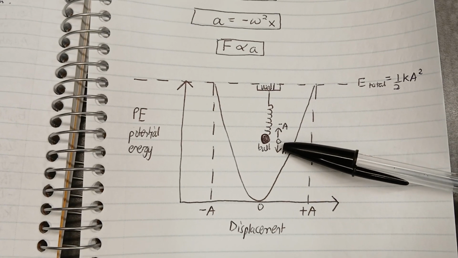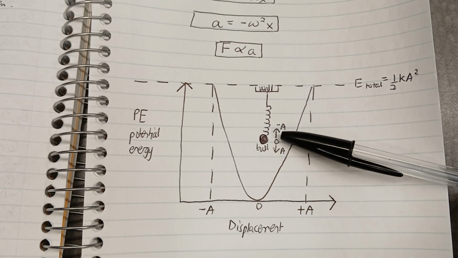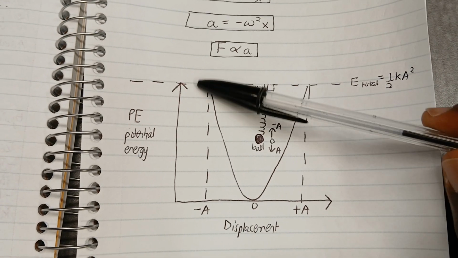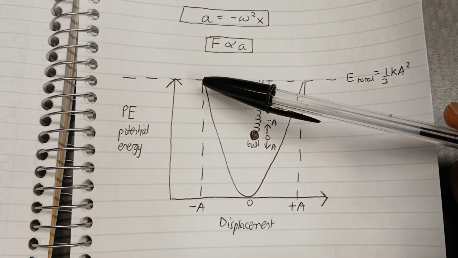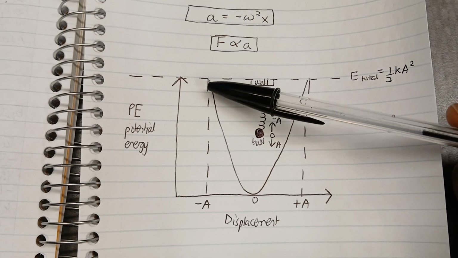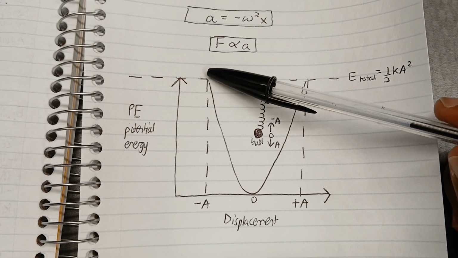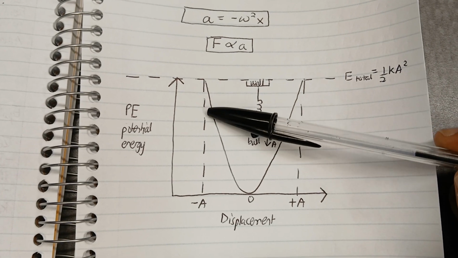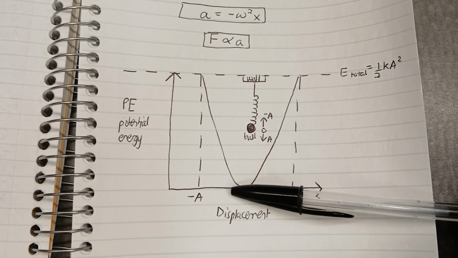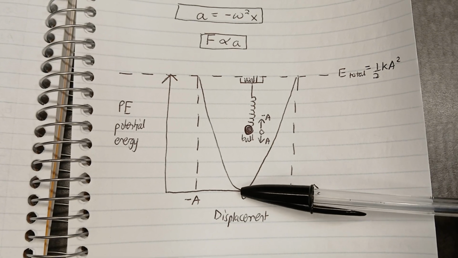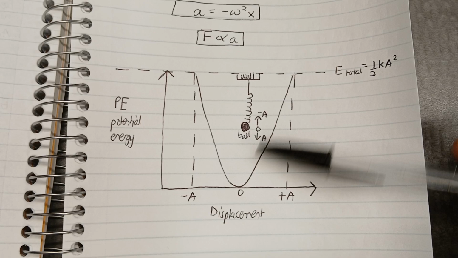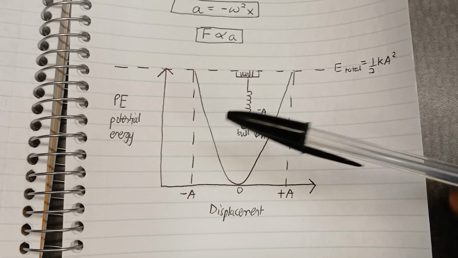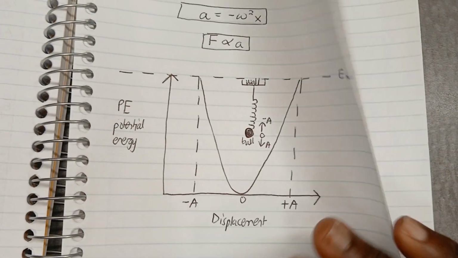At negative A, it possesses the maximum potential energy, because at that point, it's not going to be moving. But immediately it starts moving, the potential energy decreases till it gets to 0. At 0, its kinetic energy is at its highest, meaning that it's full on in motion.